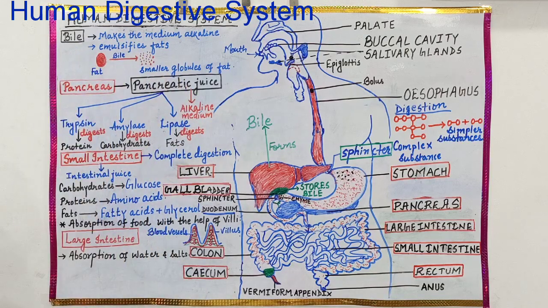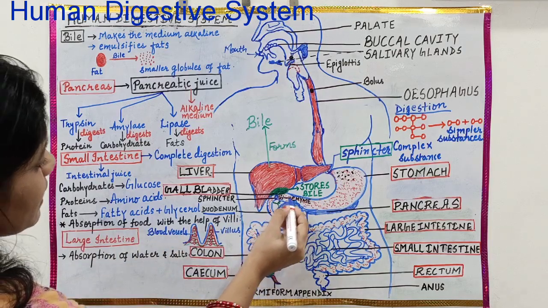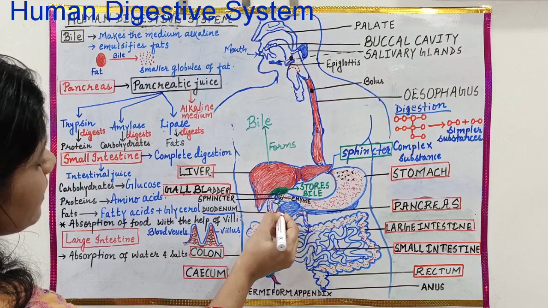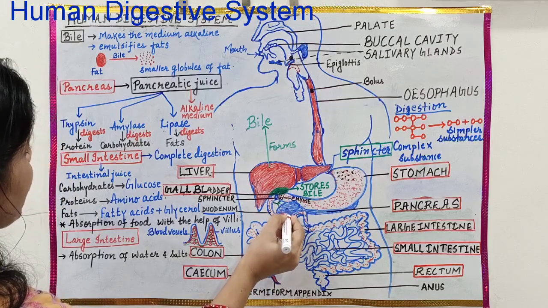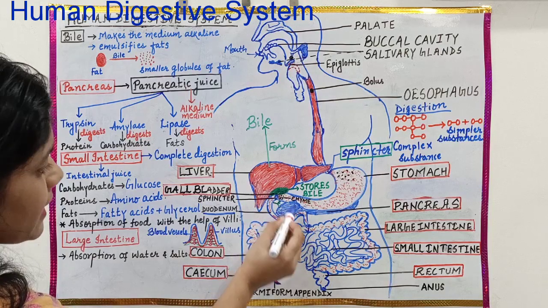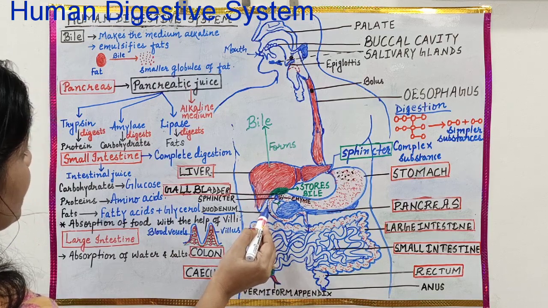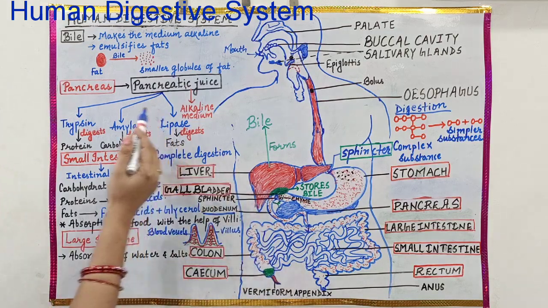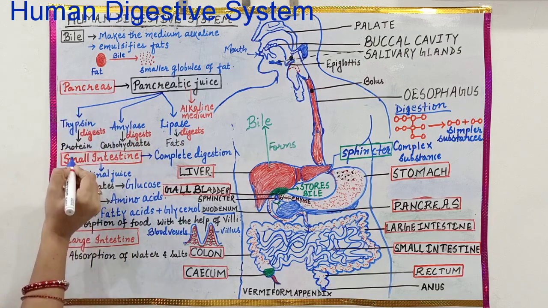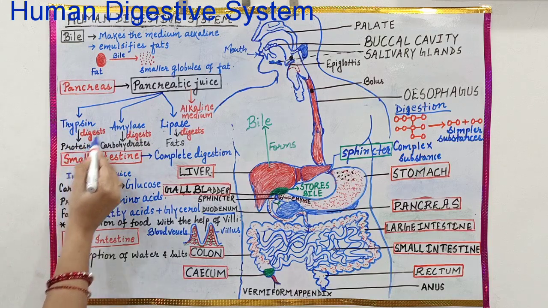Now we will come to the role of the pancreas in digestion. The pancreas is a leaf-like gland situated just below the stomach. It secretes basically three digestive enzymes, which are released into the duodenum. So now we will see which are these three enzymes. The first is trypsin, which helps in the digestion of proteins.